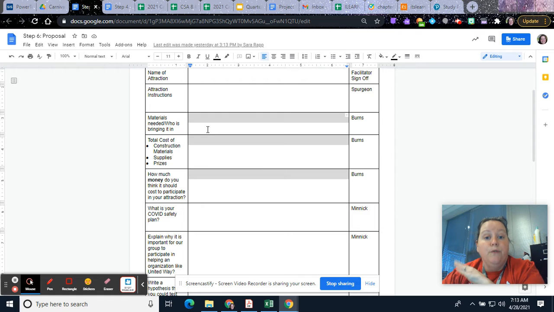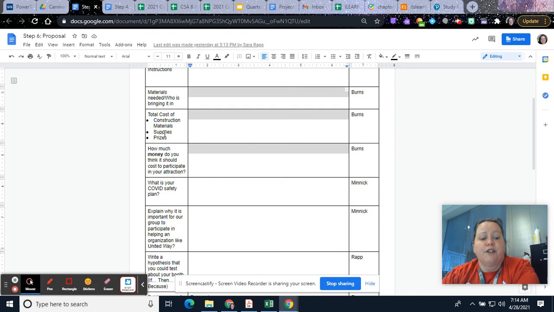And then you guys talk amongst yourselves in your group on who's going to bring in what. Now, if you have something that no one has in your group that you need, it is appropriate to leave it blank, leave it highlighted. Maybe me or one of the other teachers can give you a recommendation, and we can find what you need for you if you can't completely supply all of your own materials.